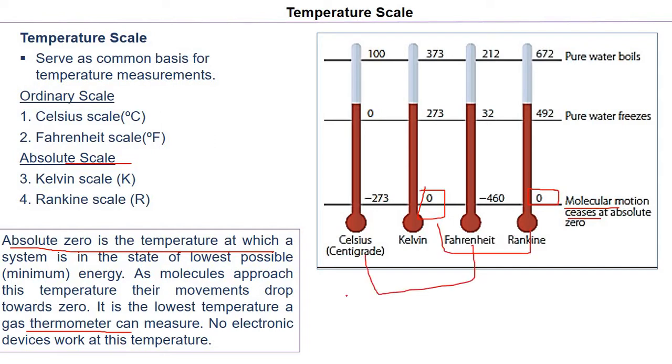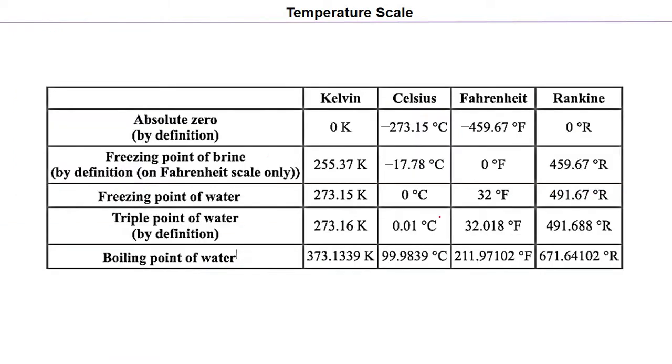Whereas Fahrenheit and Celsius are the ordinary temperature scales. Celsius is defined for water. 0 degree Celsius is the freezing temperature of pure water, whereas 100 degree Celsius is where pure water boils. Fahrenheit is defined for brine. We'll see in the next slide.